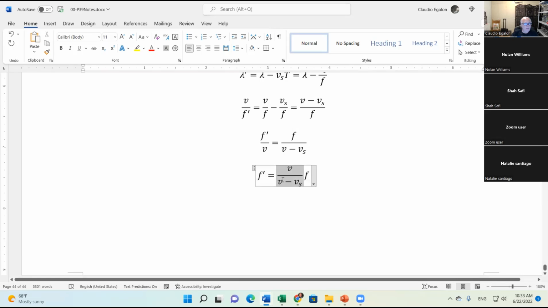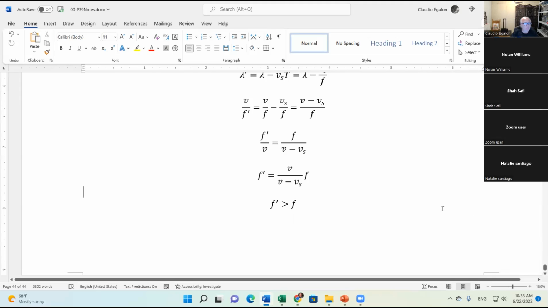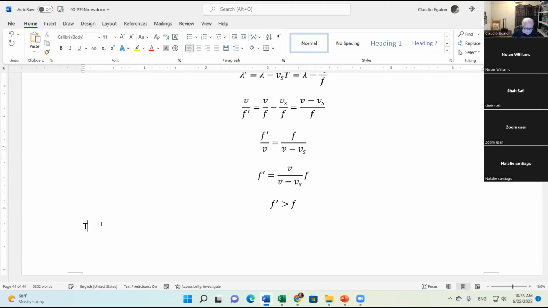Note that this term is greater than 1, right? Consequently, the frequency is going to be higher. The new frequency is going to be higher. That is for a source moving towards an observer, right?